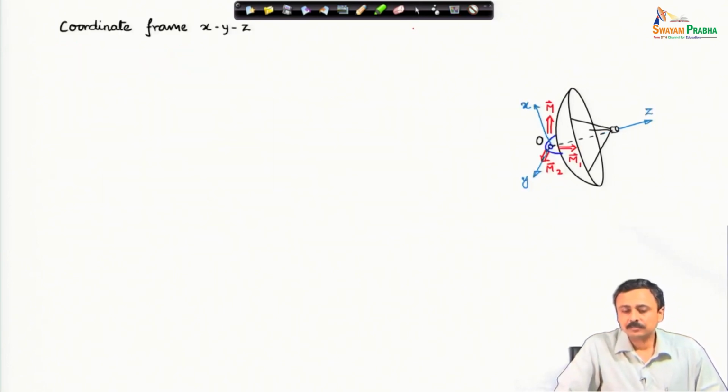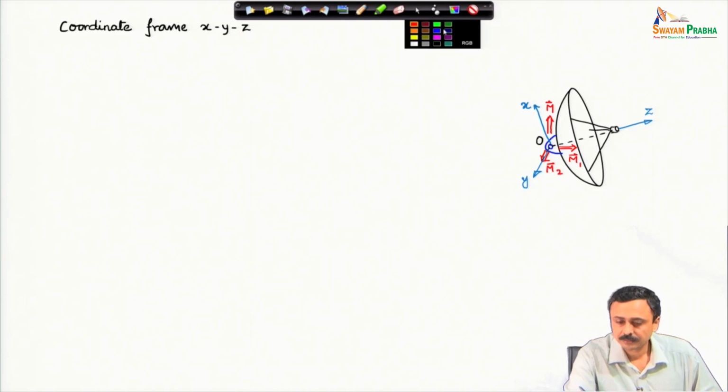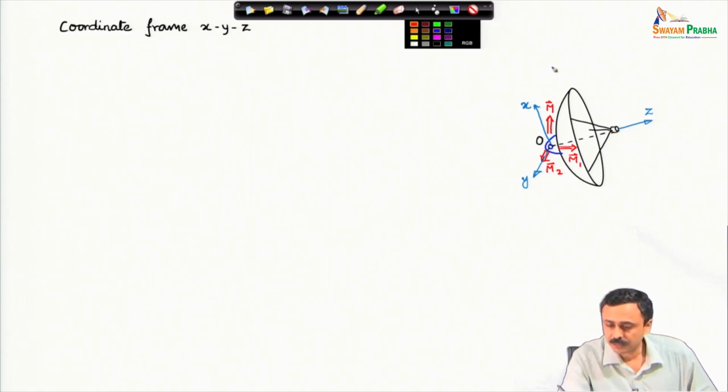I look at the free body diagram. I will consider this x y z coordinate frame which is fixed with the antenna and rotating about that capital Z axis. Now, here I have marked out the moments acting on the antenna.